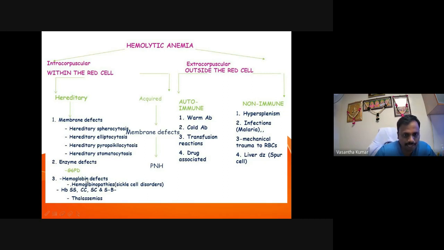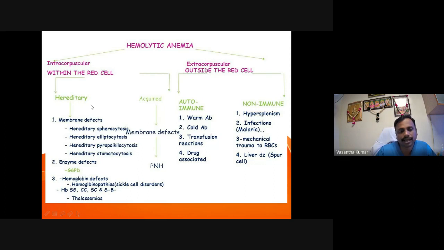Next are the hemoglobin defects due to sickle cell disorder, hemoglobin C disease, SA disease, or thalassemia. The acquired cause is PNH, that is paroxysmal nocturnal hemoglobinuria. It is also an acquired membrane defect due to an abnormal molecule called PIG-A, phosphatidylinositol-glycan A, and other enzymes in the RBC membrane.